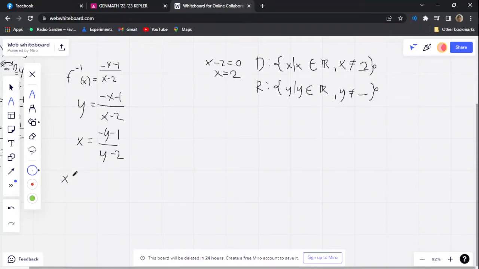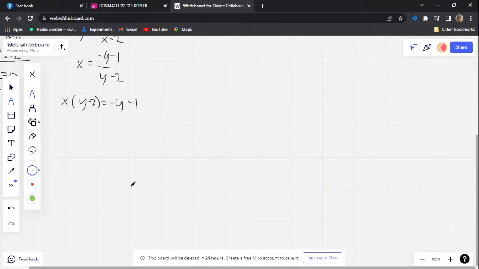So x multiplied by y minus 2 is equal to negative y minus 1. Then we distribute x to this expression. So you would have xy minus 2x is equal to negative y minus 1.